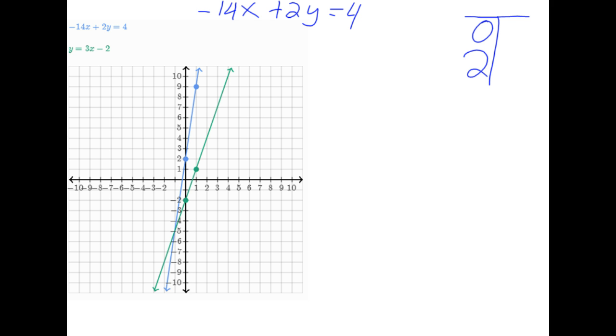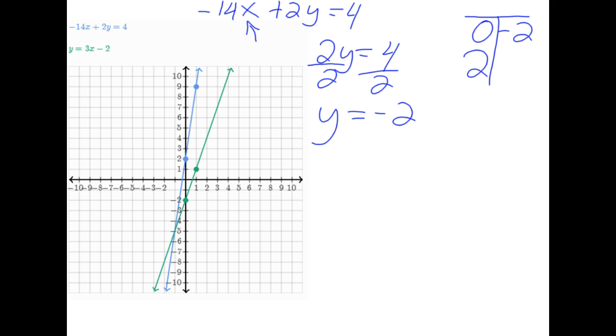Okay? When I substitute 0 in for my x, that gives me 0 there. So I'm left with 2y equals 4. And hopefully you're getting the pattern down. We've been doing a bunch of these. You will then divide both sides by 2. And you get y equals a negative 2.